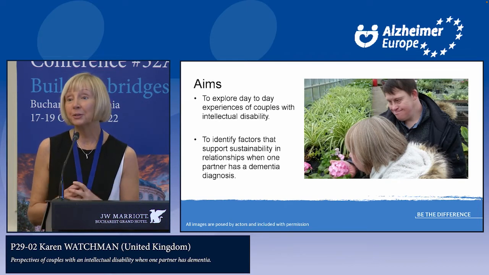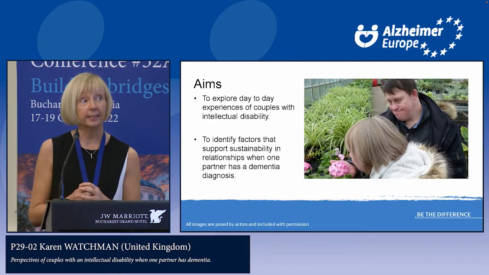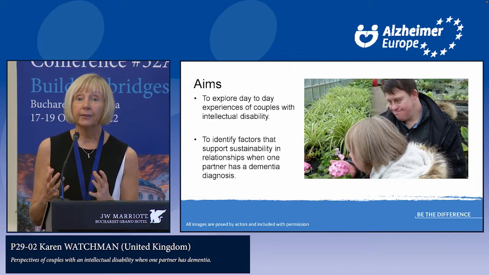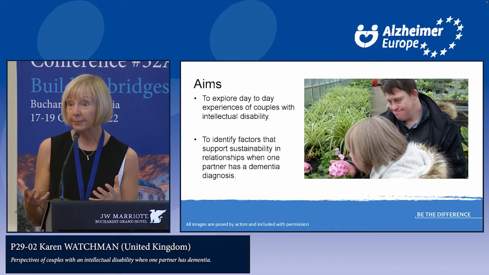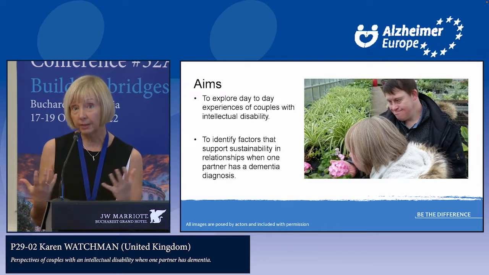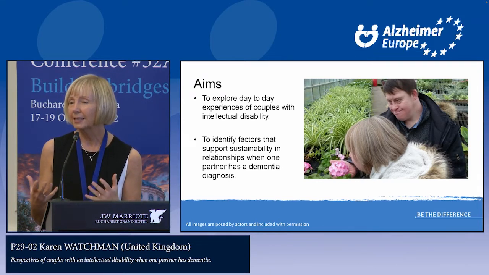So what we aim to do in the study is to explore the day-to-day experiences of couples with intellectual disability and to identify the factors, from their perspective, from their family's perspective, or support staff, if that's appropriate, on how to support that relationship, how is that sustainable?